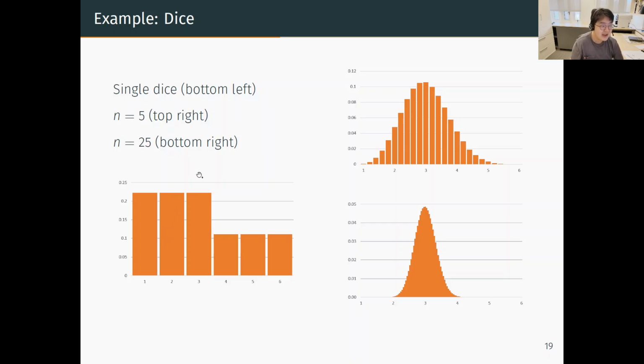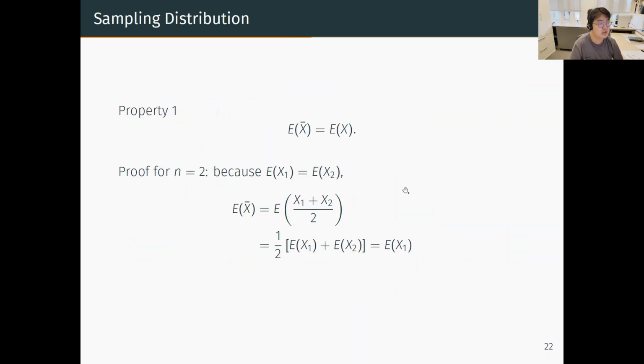That is the same expectation for the average of multiple dice, because you are repeating the same dice rolling. So the sample average has the same expectation as a single outcome. A single outcome is not an average, okay?